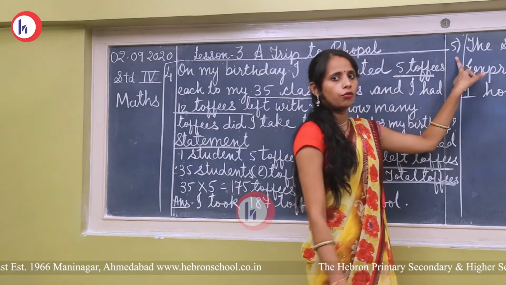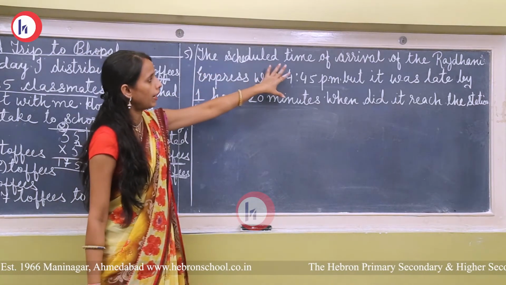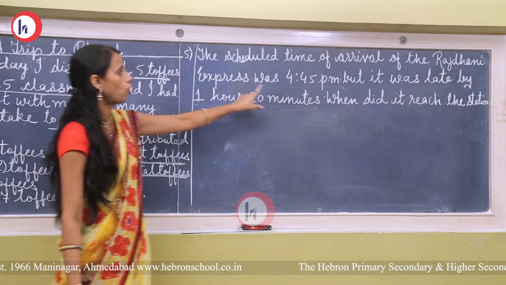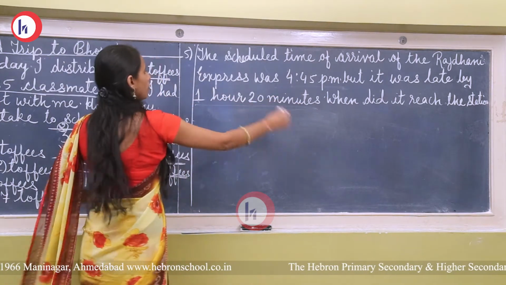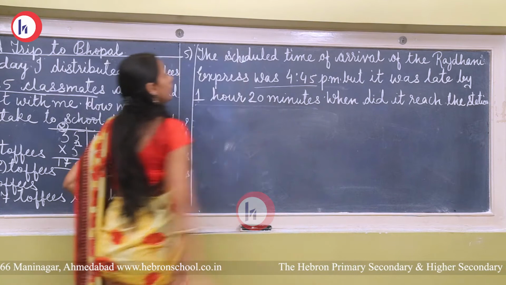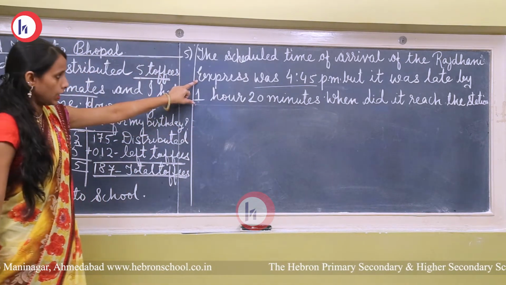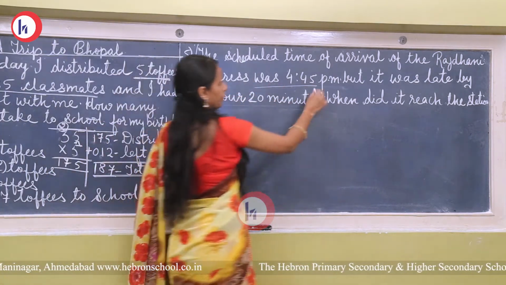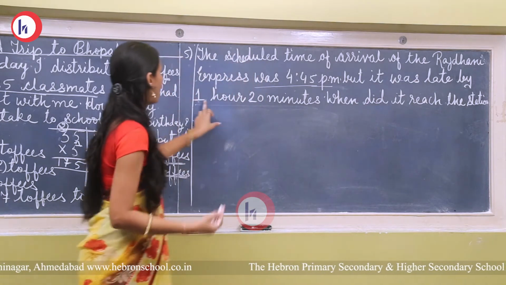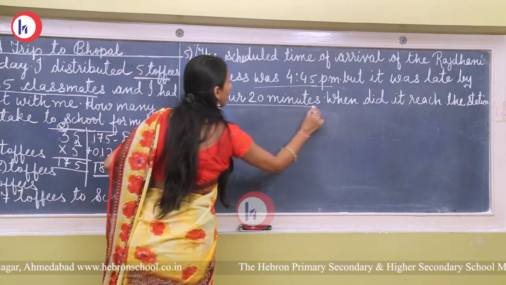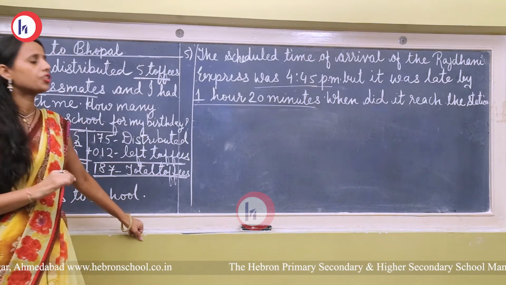Question number 5. The scheduled time of arrival of the Rajdhani Express was 4:45 p.m. So, scheduled time of arrival of Rajdhani Express is 4:45 p.m. But it was late by 1 hour 20 minutes. So, when did it reach the station?